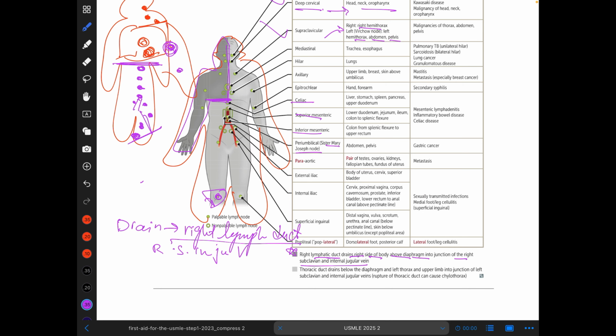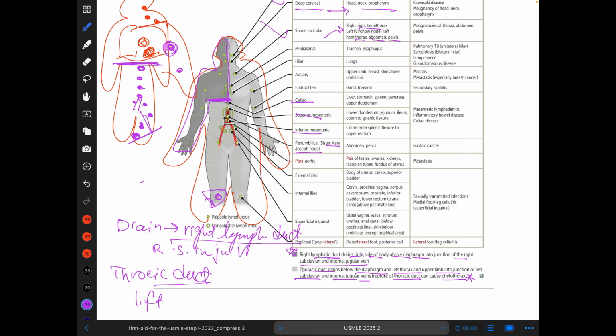Okay, but all the other lymph nodes are going to drain into the thoracic duct. The thoracic duct drains below the diaphragm, the left thorax and upper limb, and it drains into the junction of the left subclavian and jugular veins. And there is one important MCQ. If rupture of the thoracic duct happens, what is going to happen?